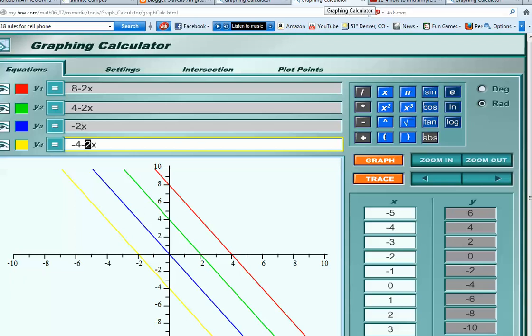Well, x is being multiplied by the same value every time. In this case, x is being multiplied by negative 2 every time. So I think we have a rule. I think we have an algorithm. If we have equations of lines with the same slope, we know we have parallel lines. Excellent. That's easy enough to do.